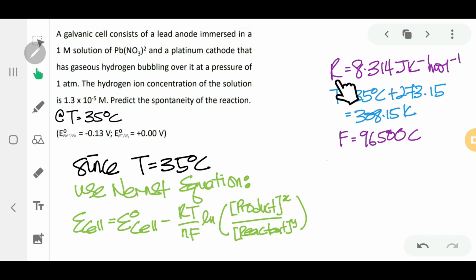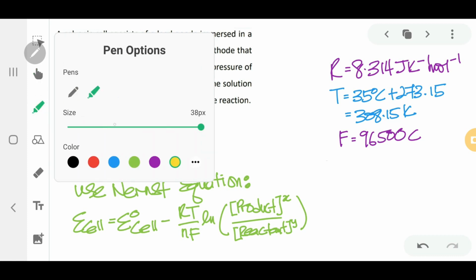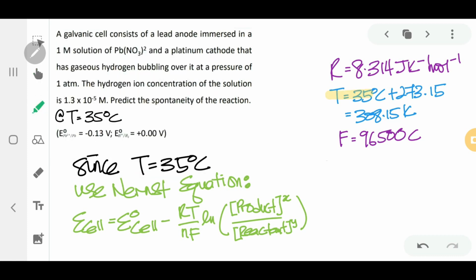The R value, which is a constant, is 8.314 joule per Kelvin per mole. The temperature given is 35. Change that into Kelvin. Very important. That is the most important bit. You need to change it to Kelvin because in your R constant, you have per Kelvin in there. And your Faraday's constant is 96500 Coulomb. You're just going to substitute in there.